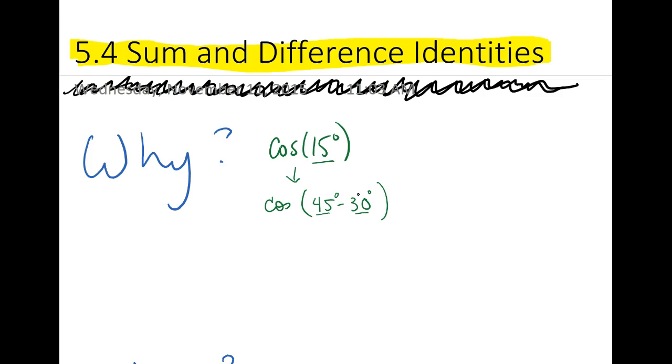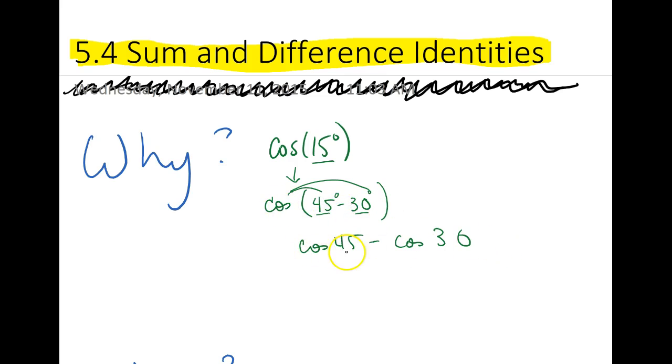Now, the reason these identities exist that I'm about to show you is because of what most people might think. Now this is going to be wrong, so don't write this down. A lot of people see this and go, oh, this is a piece of cake. I can just distribute the cosine, the cosine of 45 and the cosine of 30, and I'll just do my math this way.